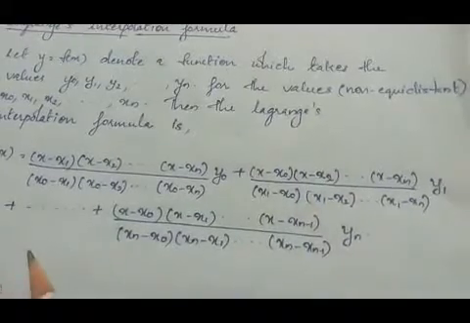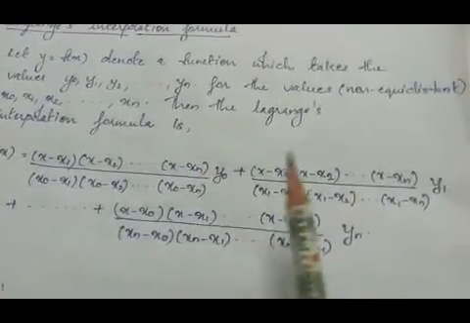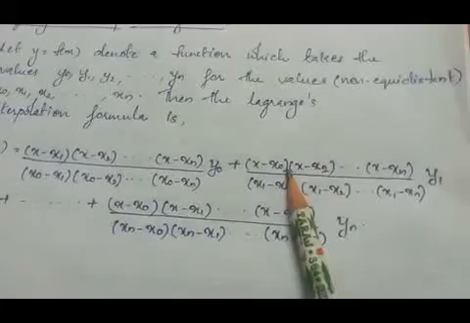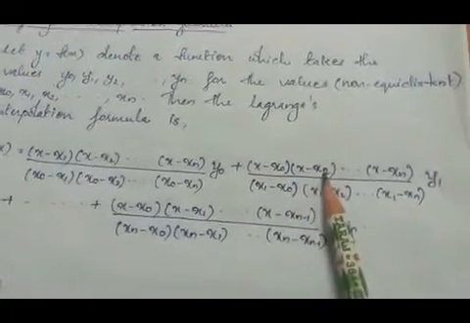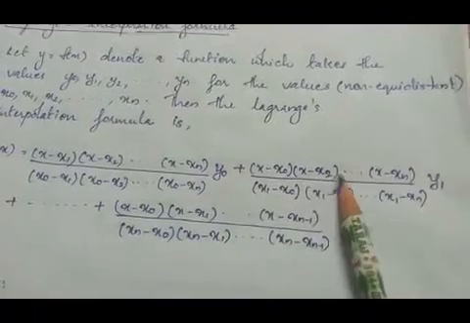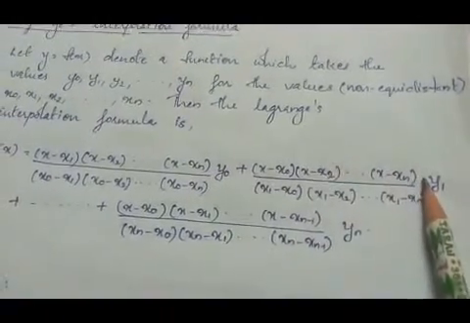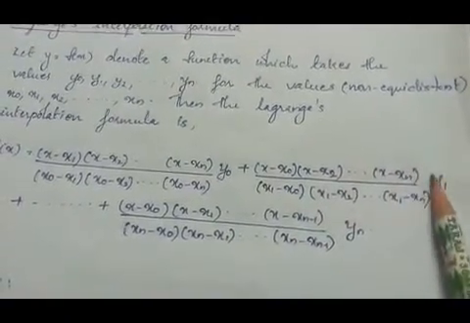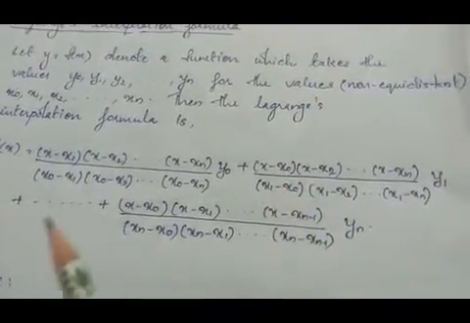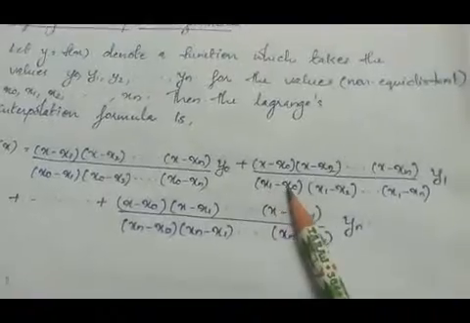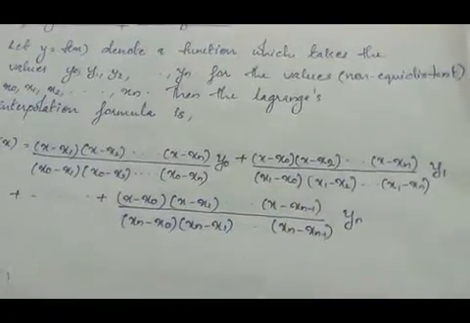So the third term, what will happen? The third term will be x minus x0 into x minus x1, and we avoid x minus x2 in the third term, into x minus x3 etc. till x minus xn, and the denominator becomes, instead of x1 in the third term, x2 minus x0 and so on.